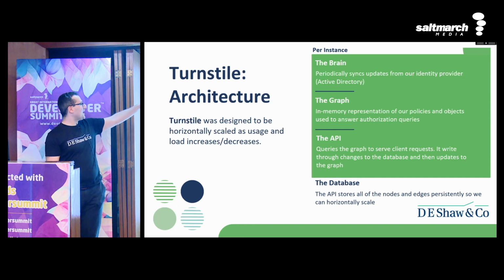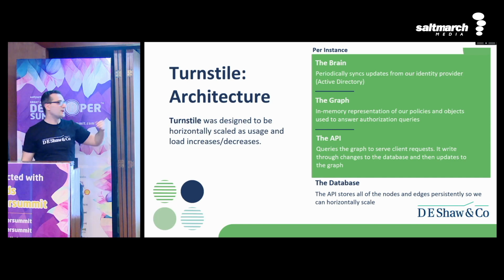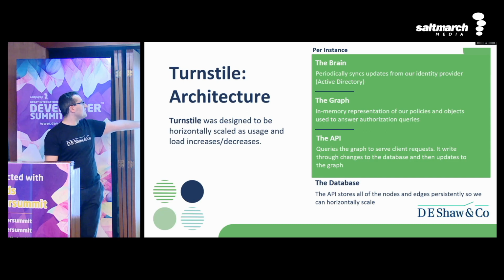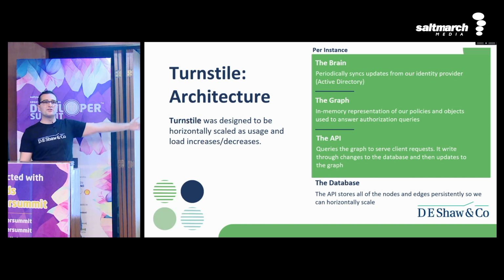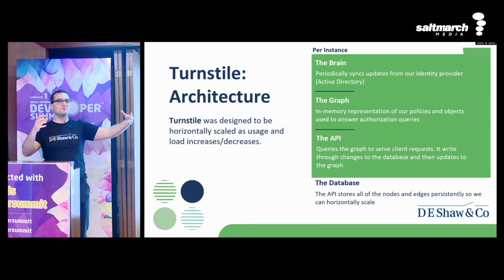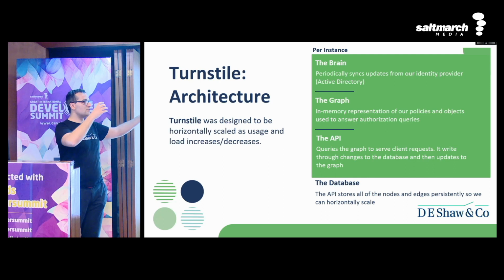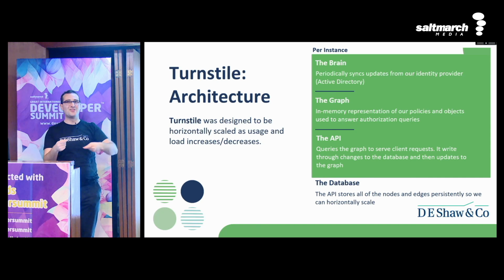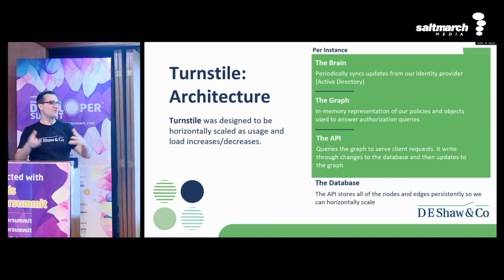So in each one of these caching instances, we have an API that users can ask questions to that will translate the questions to go against our in-memory representation of our policies and our resources and transform these questions into graph traversal questions, exactly the ones that we asked in this iPad thing we just did.